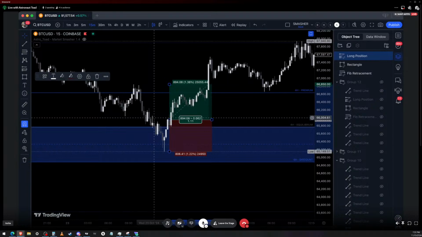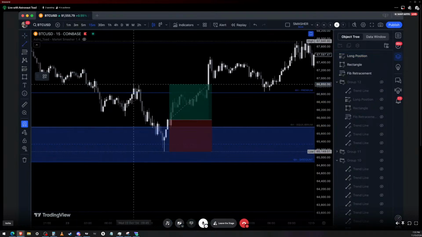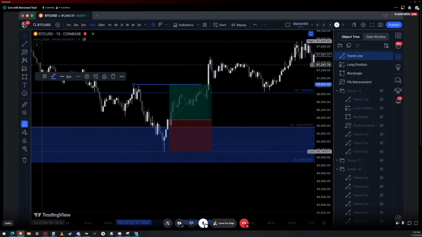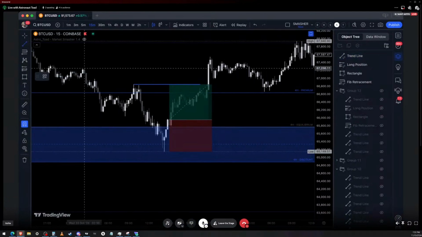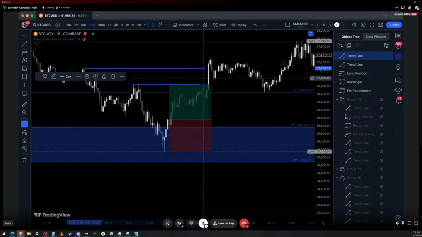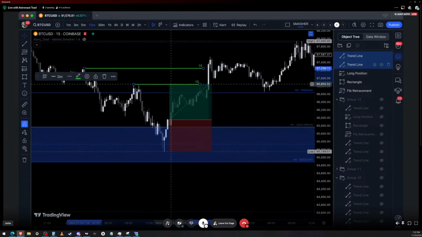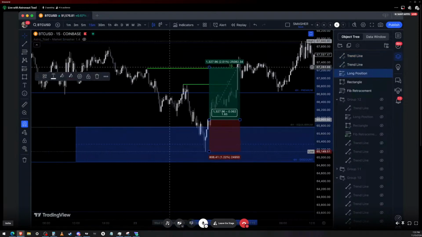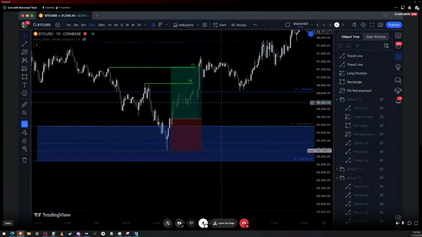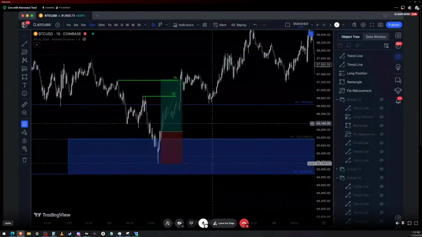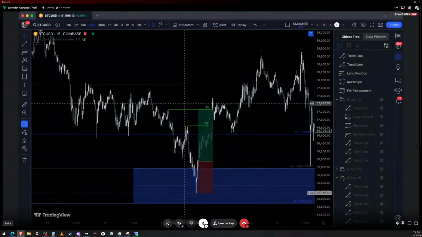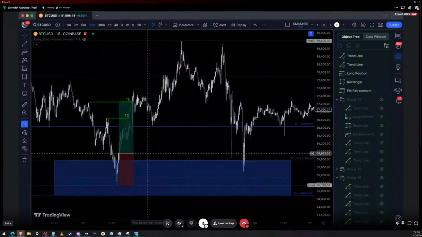This is your range, and so you have liquidity up here and then up here. We're on the 15-minute chart, so these are 15s. That's not a very good trade. But obviously you get to target some more liquidity.